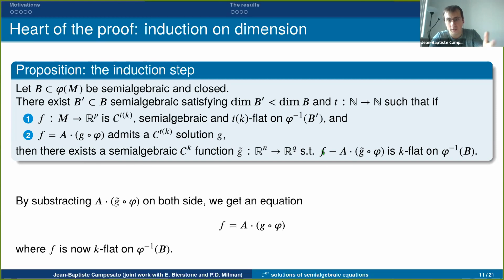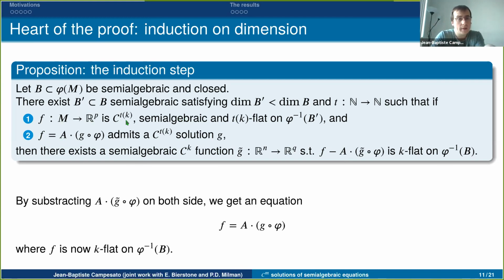Equivalently, the difference is going to be flat up to order k. Let me just repeat very quickly this statement. By induction assumptions, we can assume that the constant term f is flat, so all the derivatives are equal to 0 over some B prime.